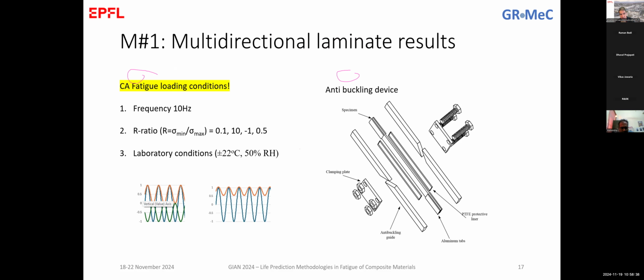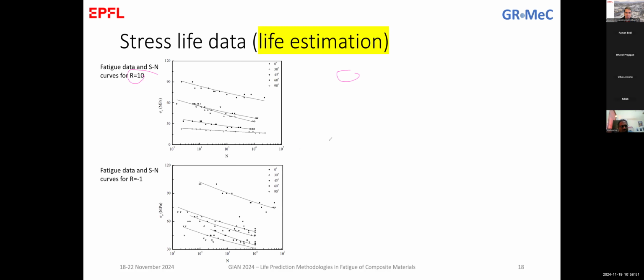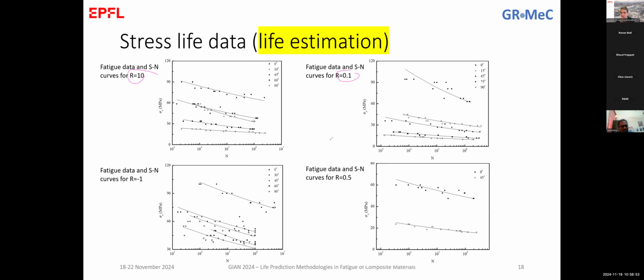Why do we prefer to start at this slightly higher value than starting at 0, both for tension and compression? Can someone comment on that? What is the reason for selecting R equal to 0.1 and R equal to 10 instead of selecting R equals 0 and R equals infinite?